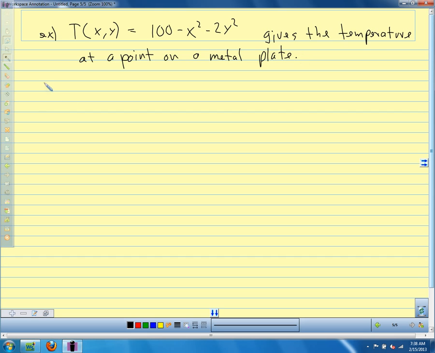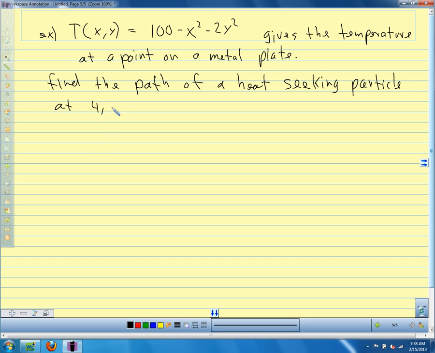We want to find the path of a heat-seeking particle at the point (4, 3). So this is my favorite problem, I think one of my favorite problems of chapter 13.